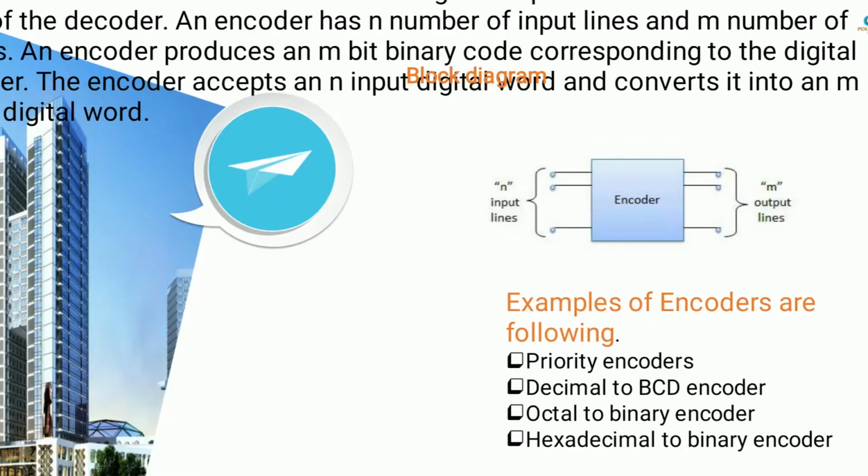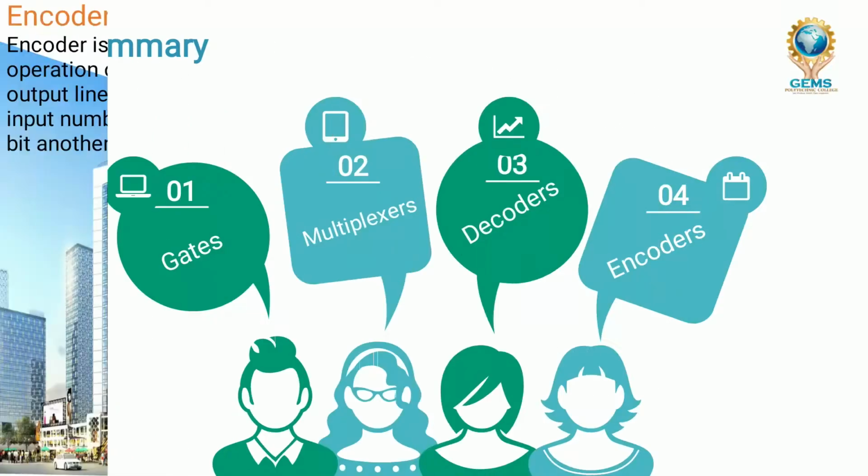But humans can understand decimal numbers, such as 10, 20, 21, 23. So how does the computer understand decimal numbers? Because in between, the encoder helps to convert one form to another: decimal to binary, binary to decimal, octal to binary, binary to octal, hexadecimal to binary. This process is done by the encoder. This is the actual function of the encoder.